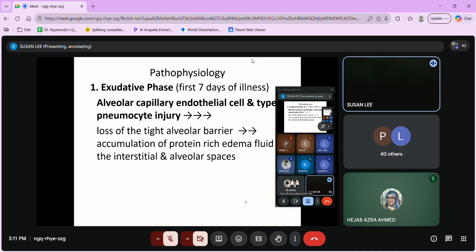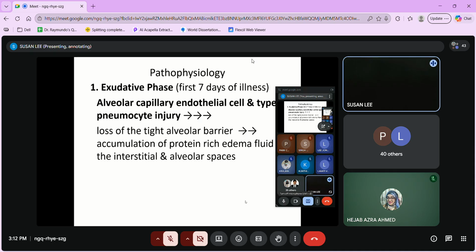The exudative phase is the first 7 days of illness, wherein initially you have alveolar capillary injury, causing disruption of the tight membrane of your endothelial cells, and destruction of your endothelial cells and type 2 pneumocytes, which leads to a loss of the tight alveolar barrier.